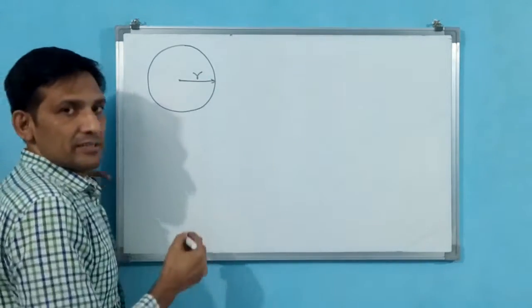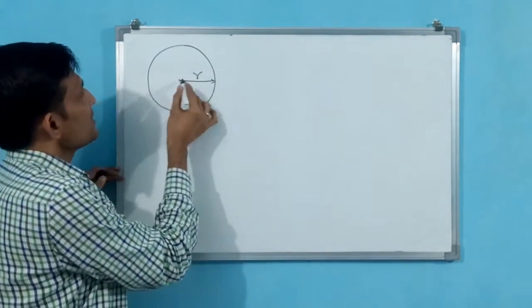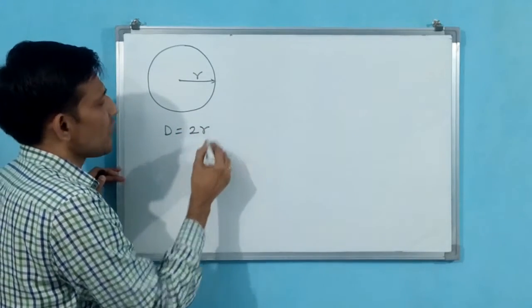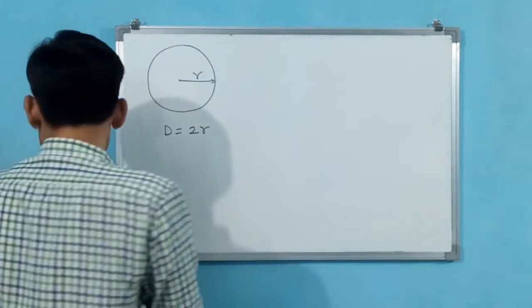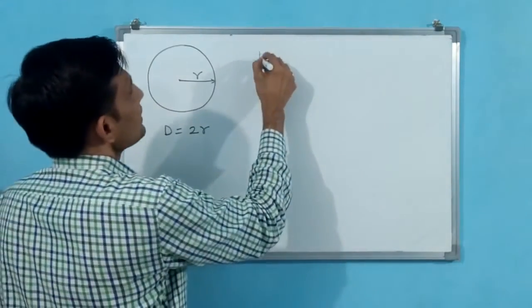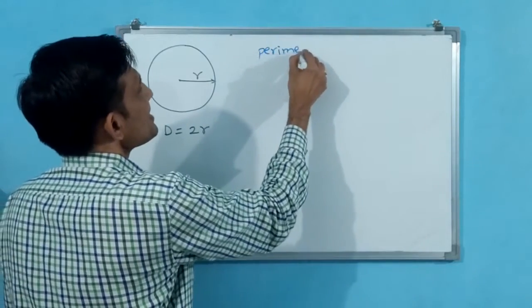That is called radius. Radius plus radius is called diameter d. Diameter is equal to 2r, r plus r. Okay, this is basic. Now first we take perimeter.